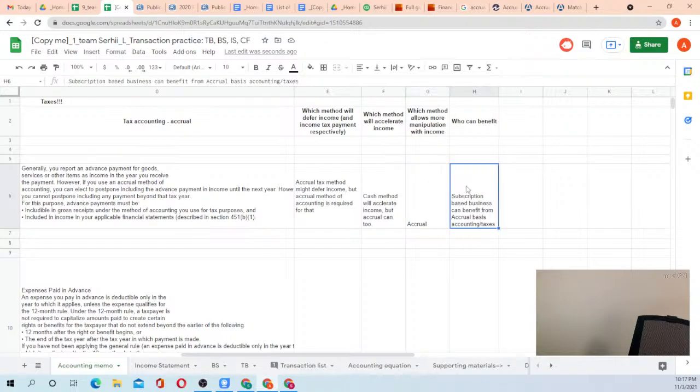And if we are a subscription-based service and we receive a lot of money ahead, so customers are making upfront payments, they prepay a subscription for 1 year. If they prepay the subscription in December, under cash method, you will recognize that revenue in December of that year.